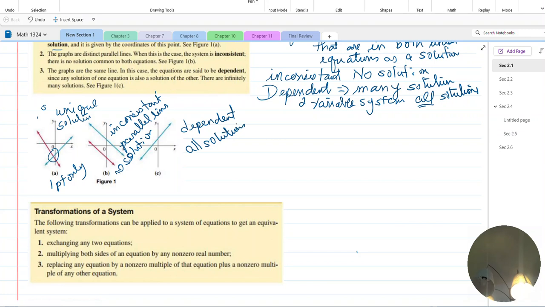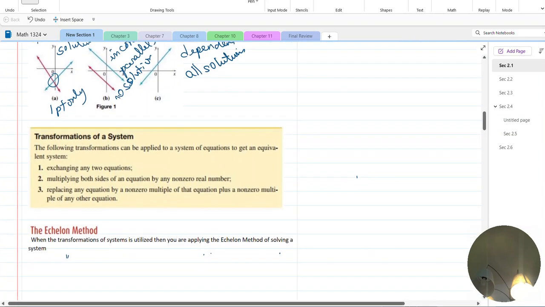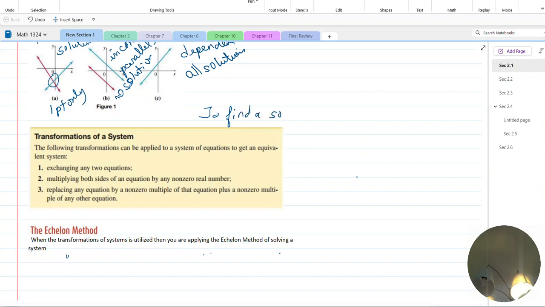All right. Well, what are we talking about in finding these solutions? To find the type of solution, we use the transformations of a system.